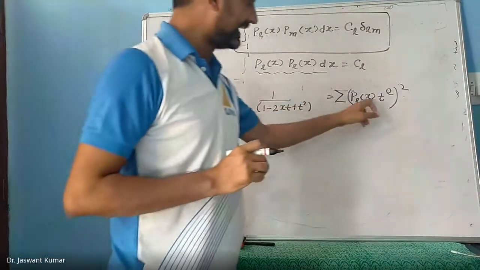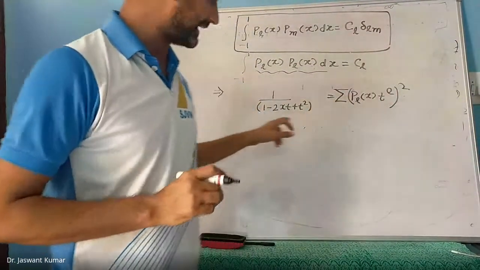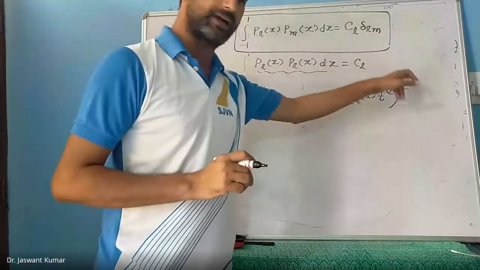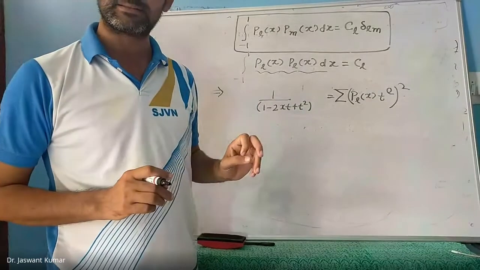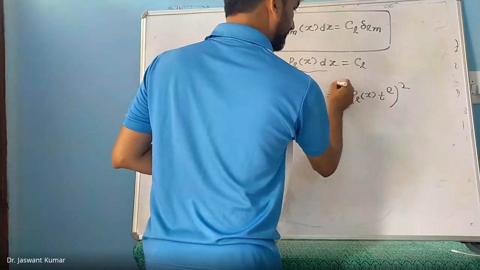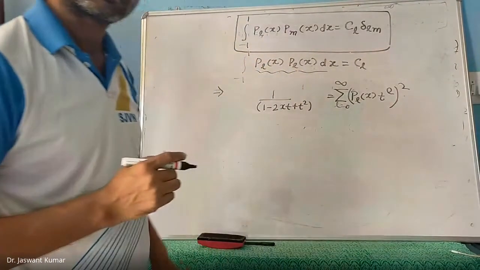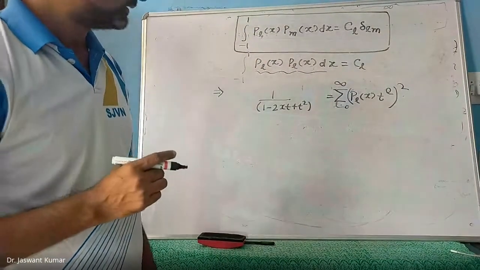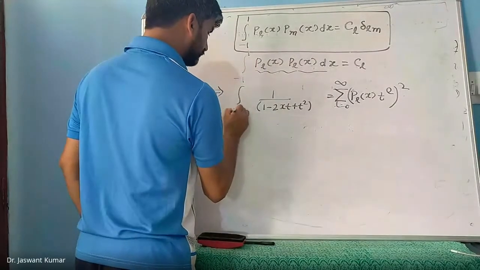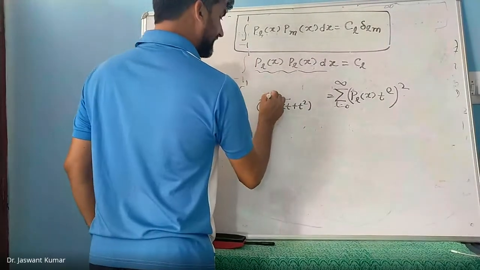If the sum of PL t to the power L was 1 minus 2xt plus t square to the power of 1 by 2, then the square of this will be equal to this. This is all going from L equal to 0 to infinity. Now we need to take the integral from -1 to 1 and dx of this.